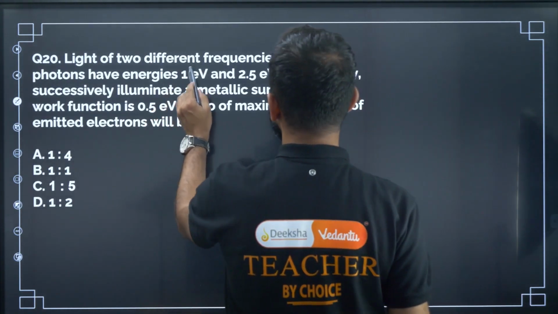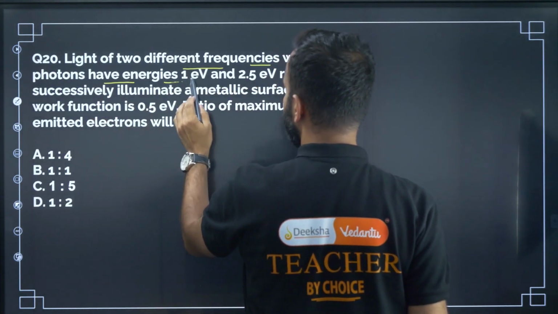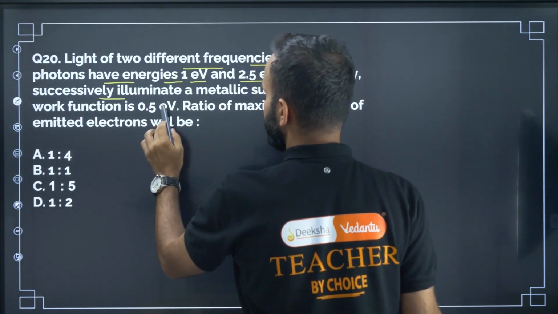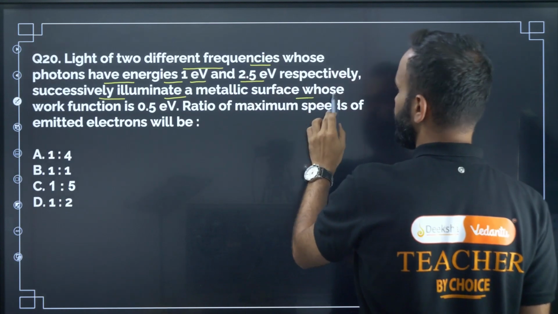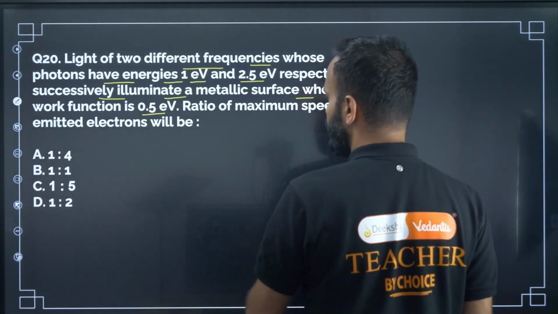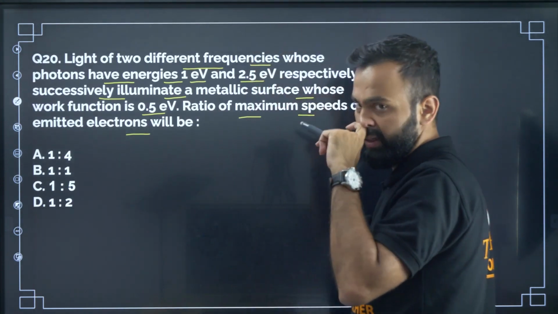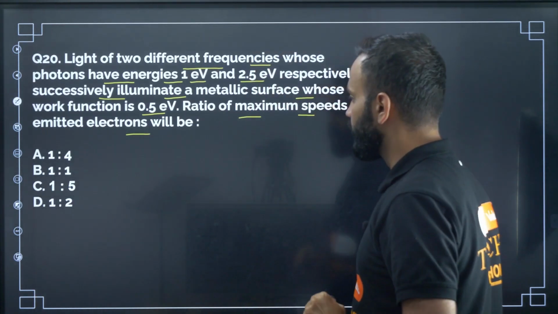Light of two different frequencies whose photons have energies 1 electron volt and 2.5 electron volt respectively successively illuminates a metallic surface whose work function is 0.5 electron volt. The ratio of the maximum speed of the emitted electrons will be. Okay, let us write the photoelectric equation.